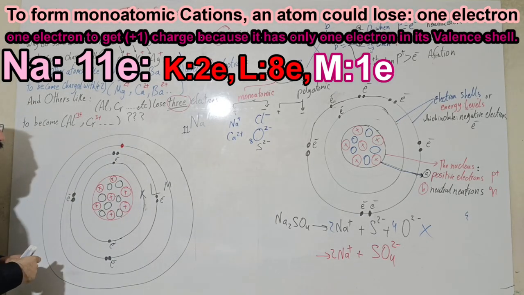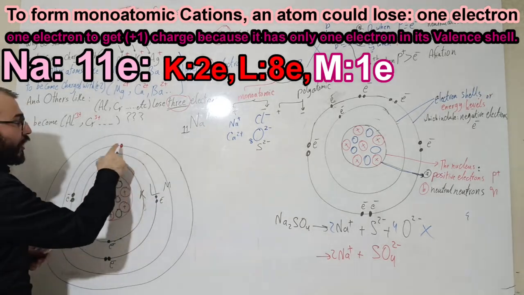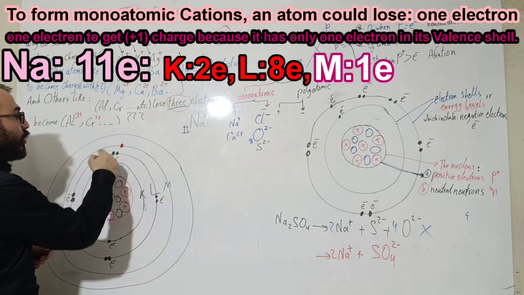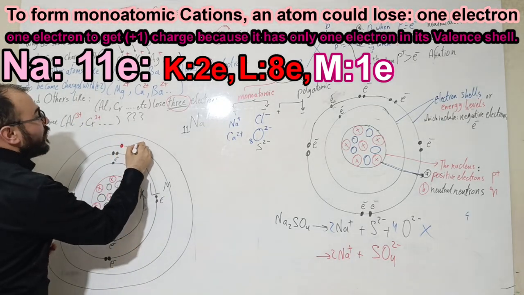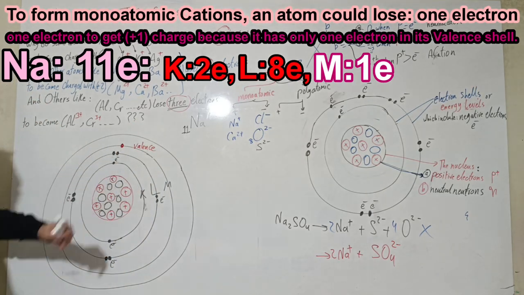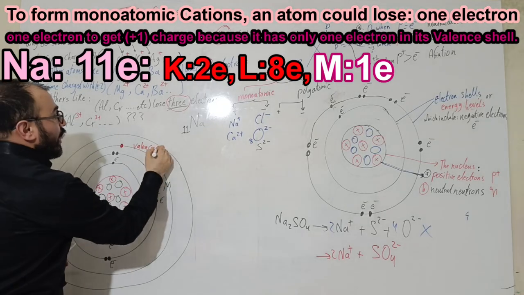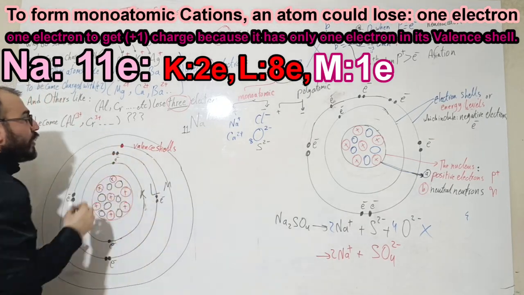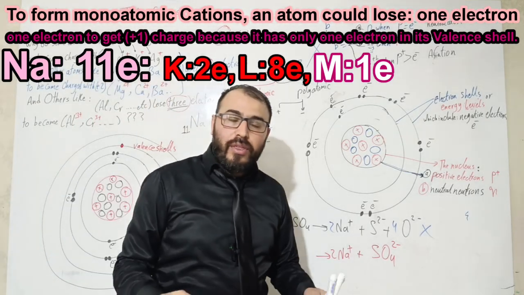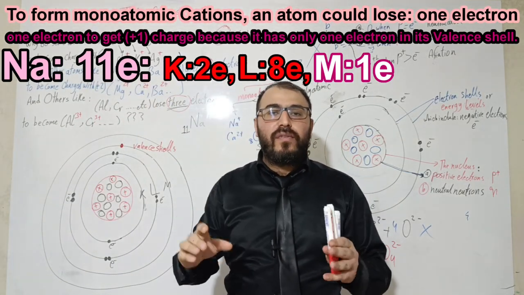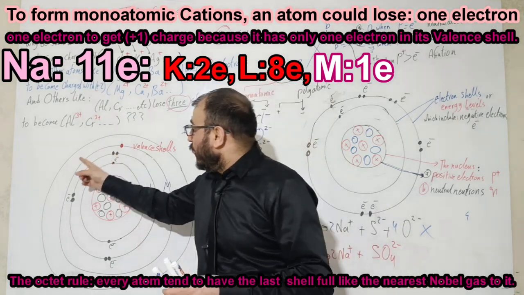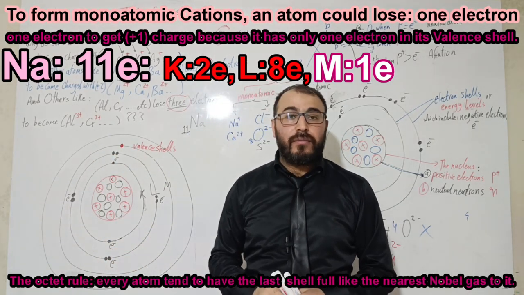As you remember, we call the last shell which is filled with at least 1 electron the valence shell. So the valence shell here has only 1 electron. Generally, all of the atoms in the world tend to have a full valence shell.